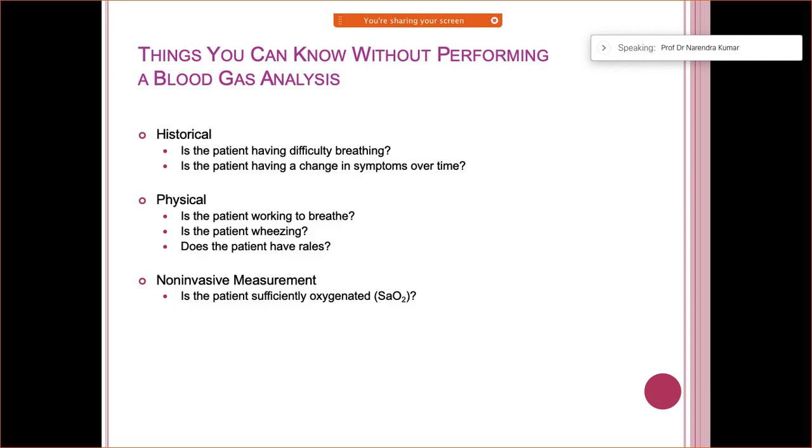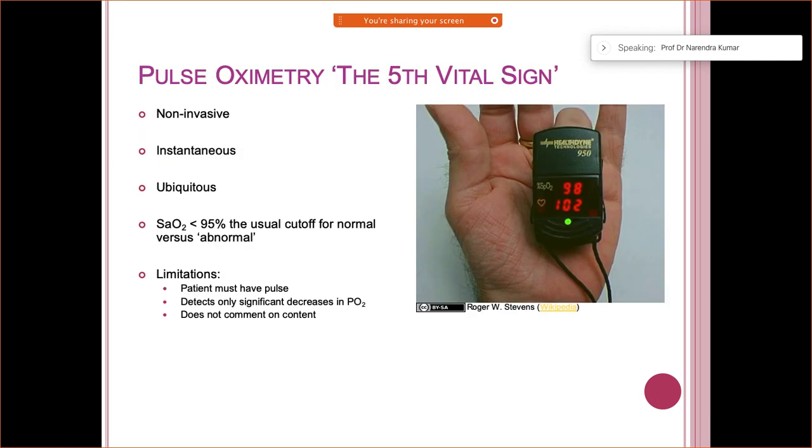What about one of the best tools, what I call the fifth vital sign? Any guesses what it is? The pulse oximetry. Very simple, very handy, awesome tool in fact. It is not only non-invasive, but instantaneous, and ubiquitous. We are all aware that oxygen saturation less than 95% is the usual cutoff.